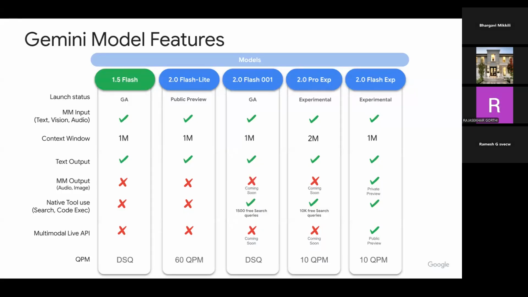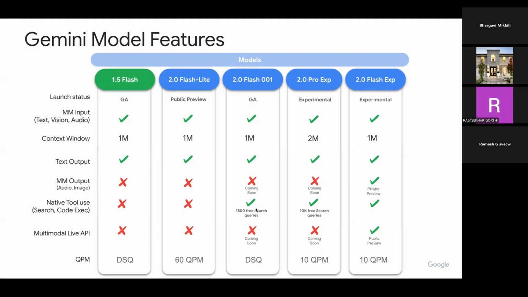So we are going with 2.0 Flash, and you can compare it with 1.5 Flash, and 2.0 Flash is what we are actually going with, which is the third model. Okay? So 1 million token context window, and it is able to give us a fairly advanced text output. Okay?